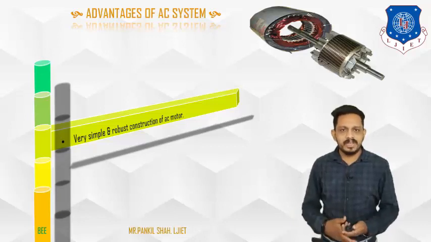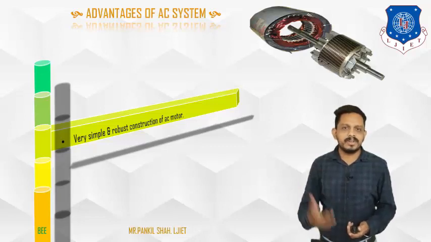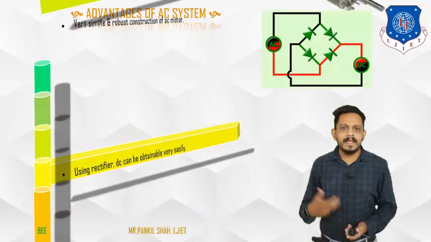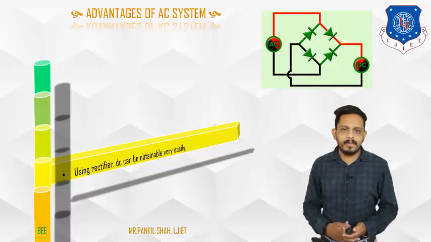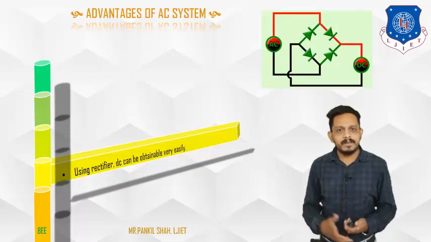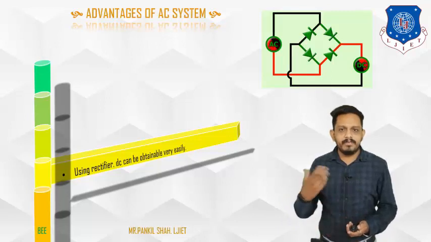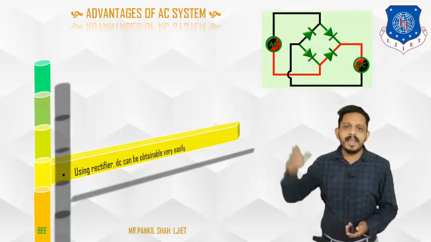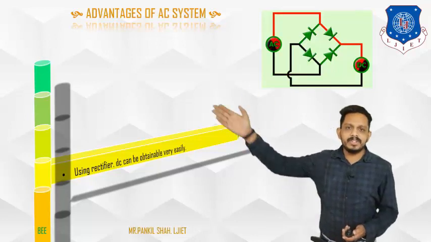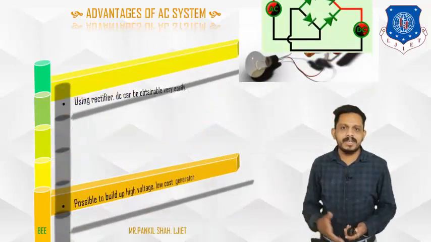In industries many types of motors are used, but AC motors are widely used because of their construction. Next advantage is that using a rectifier, DC can be obtained very easily. In some applications we require a DC quantity, so if we have an AC quantity, by using a rectifier circuit we can convert AC voltage into DC voltage very easily. So it is also an advantage of the AC system.